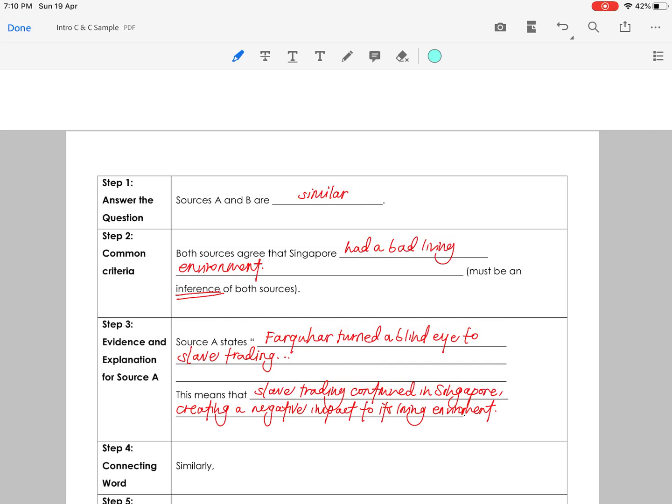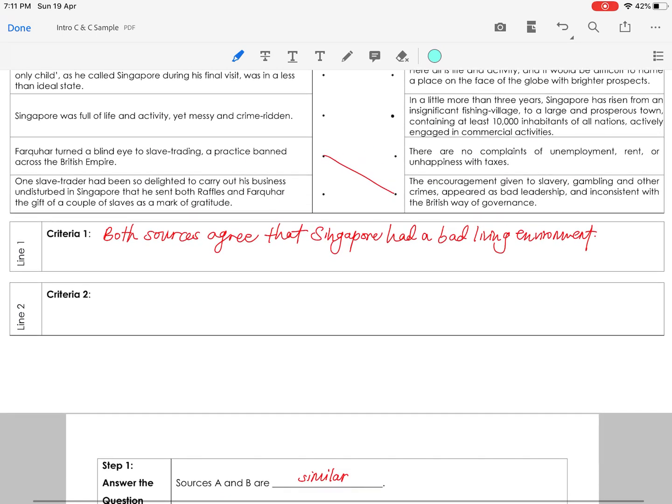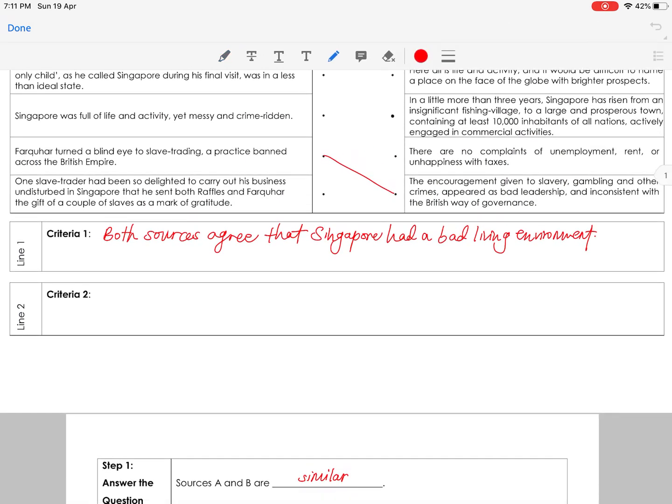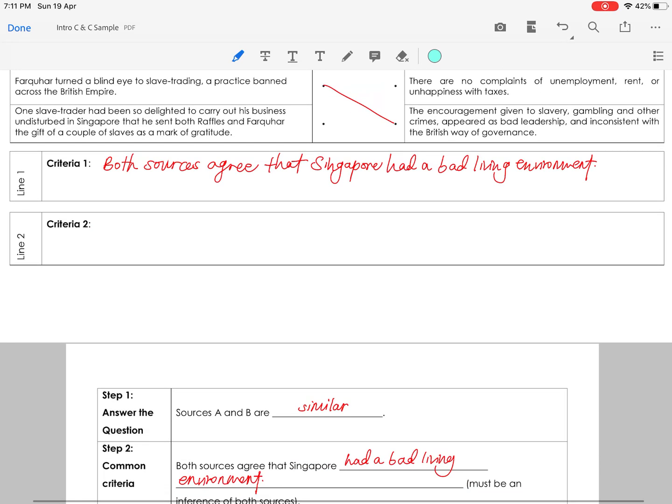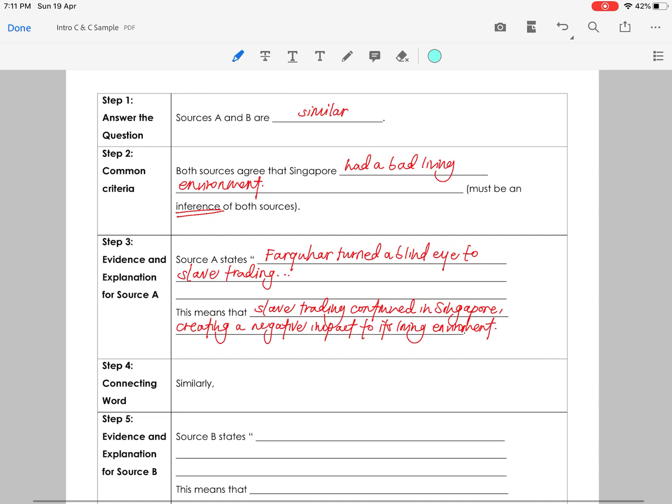For the explanation, you have to come up with it on your own, as how you do for an inference question. Break down the evidence and explain. Okay, source B. I'm going to write it down again. The encouragement given to slavery, gambling, and other crimes.